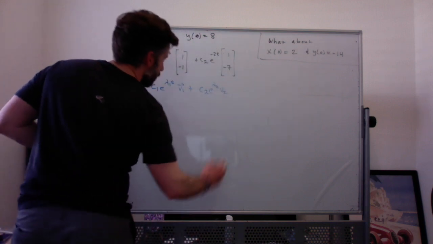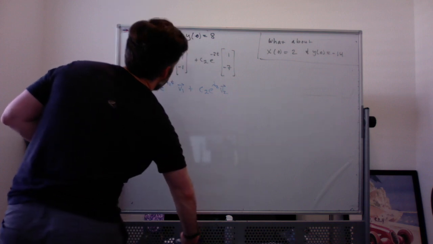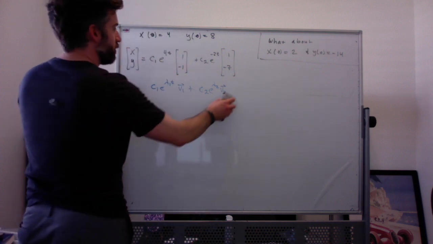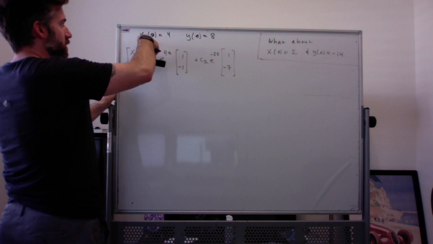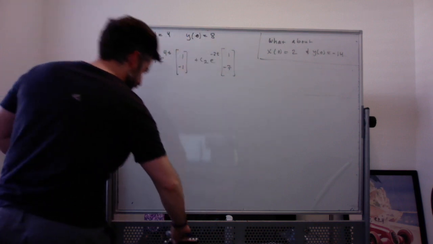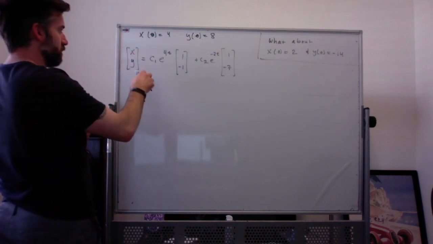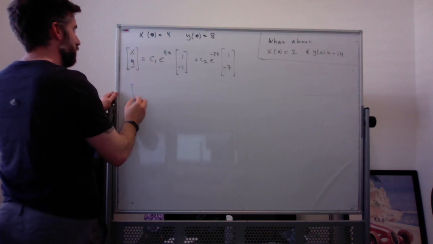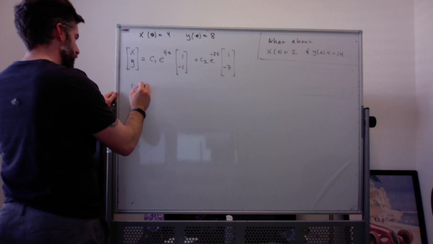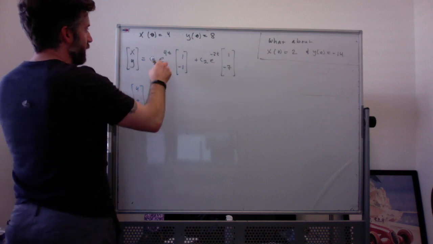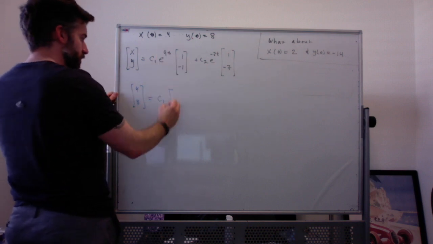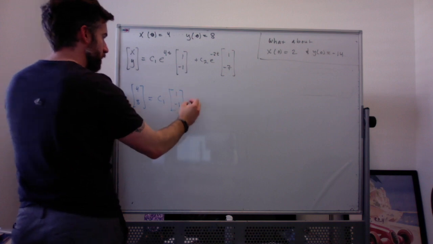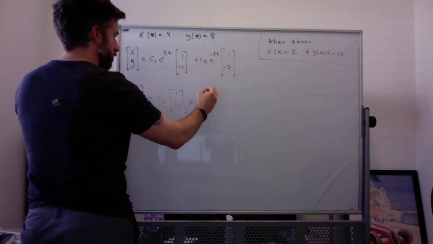The only thing we have to do now is find c1 and c2 by plugging in x at 0 equals 4 and y at 0 equals 8. So x, y at 0, so 4, 8 equals c1 e to the 0, which is just 1, c2 e to the 0, which is just 1.